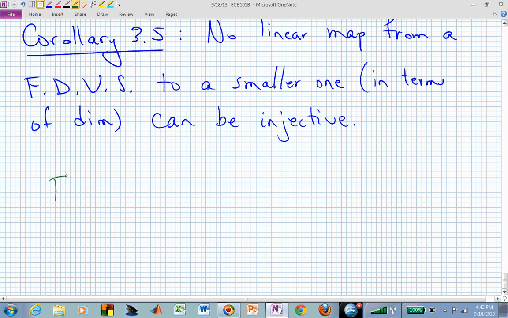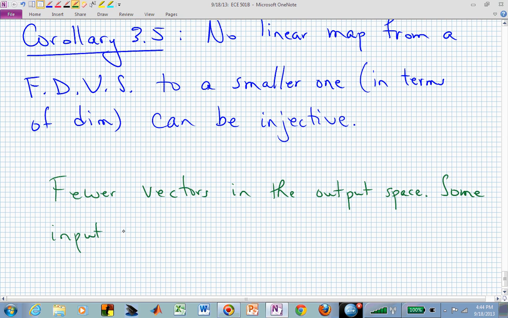Or stated another way, you have fewer vectors in the output space, and in fact, some input vectors must produce the same output.